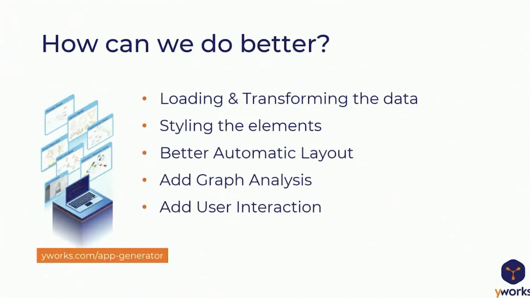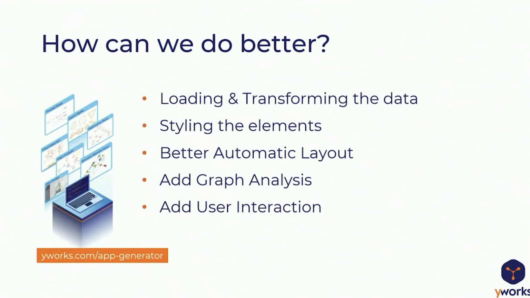I'll be covering these 5 different aspects now. Loading and transforming. That is, changing the way we map the information in our graph database to elements in the diagram. Styling, which is about rendering more detailed information directly in the diagram so that it's easier to see for the end user.